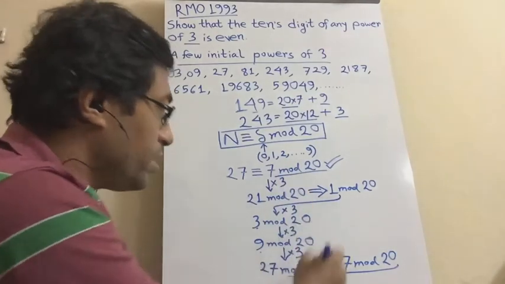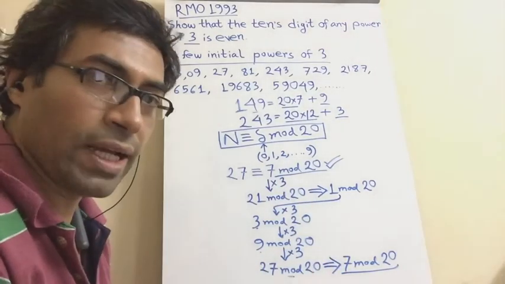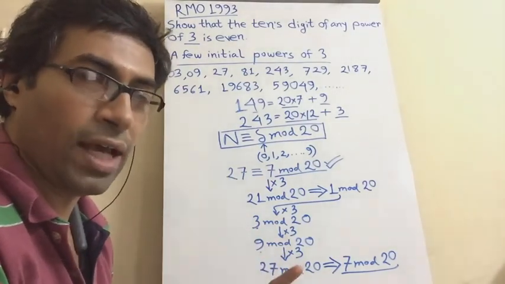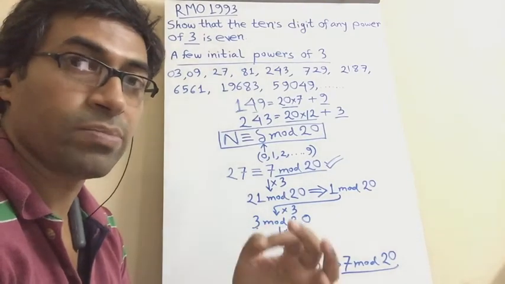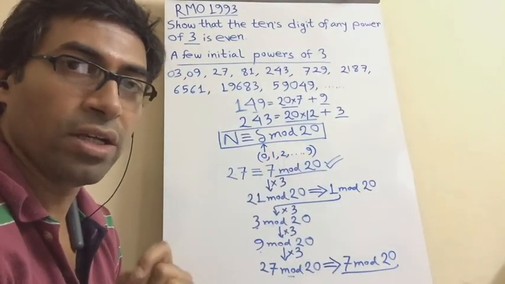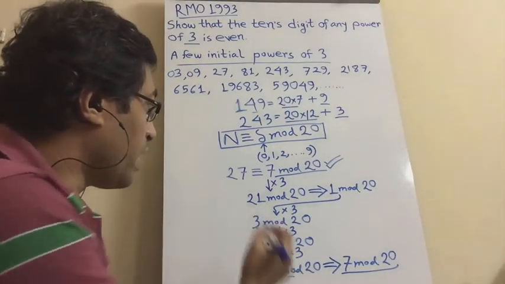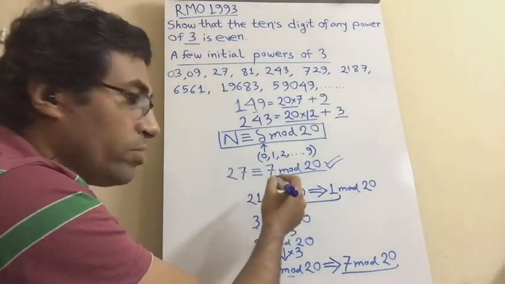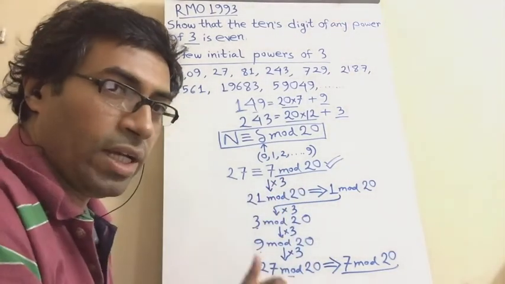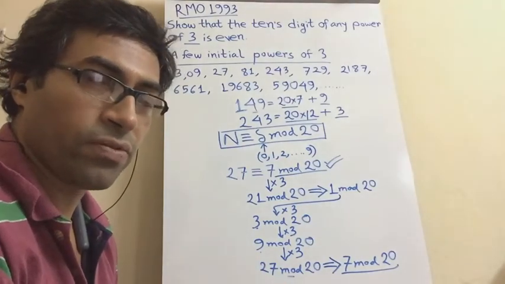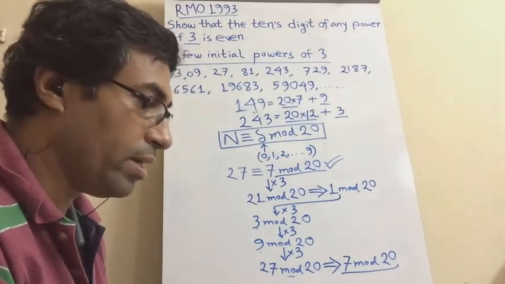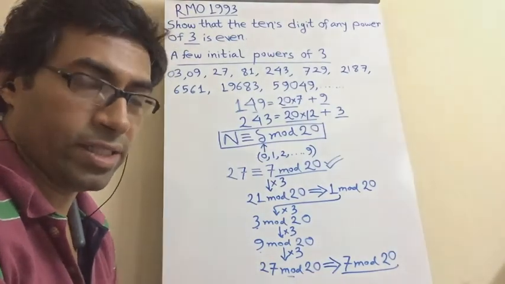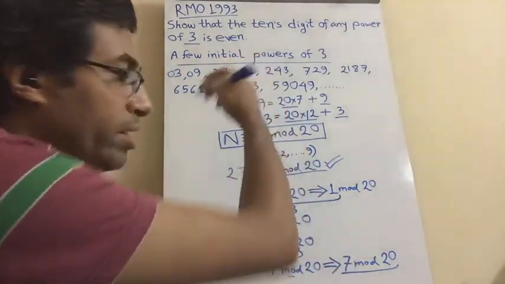Since each of these numbers is congruent to some single digit mod 20, each of these numbers will have an even digit at the tens place, or the second digit from right will be an even digit. And we started from 27, and we got this cycle by repeatedly multiplying these numbers by 3 again and again. So it proves that any subsequent powers of 3 starting from 27 will have the second digit from right, or the tens digit, as an even digit. So here we have proved the claim made in the question, friends.